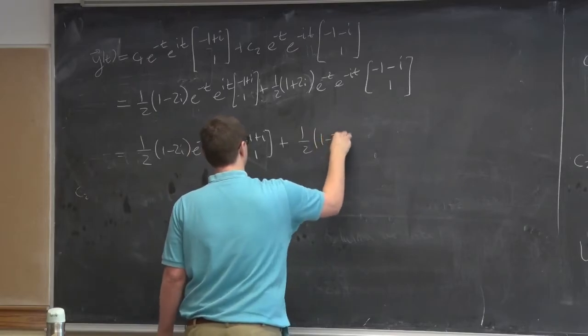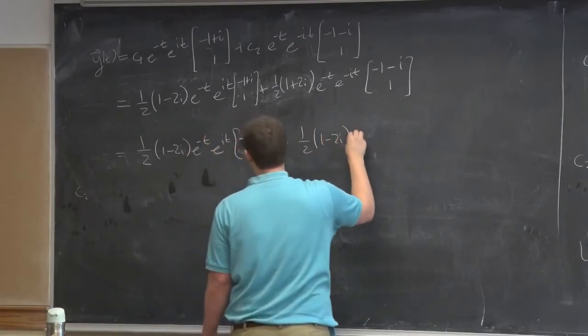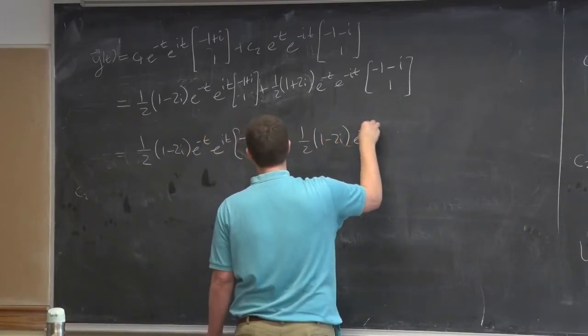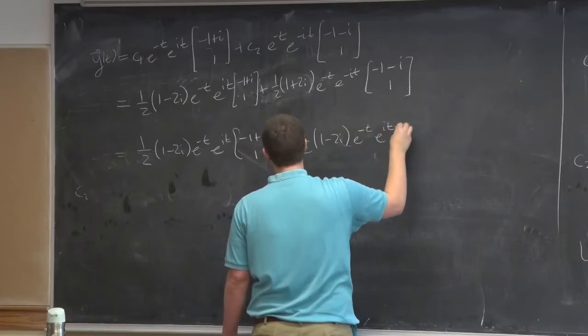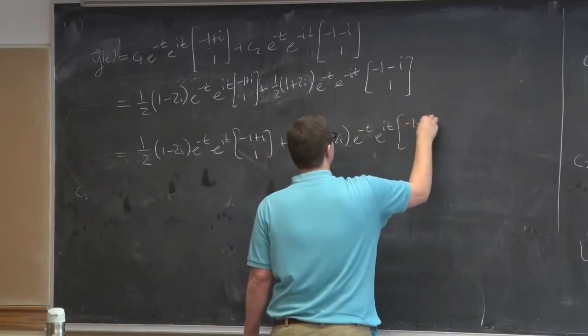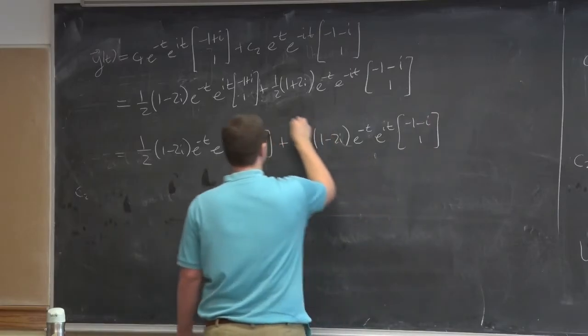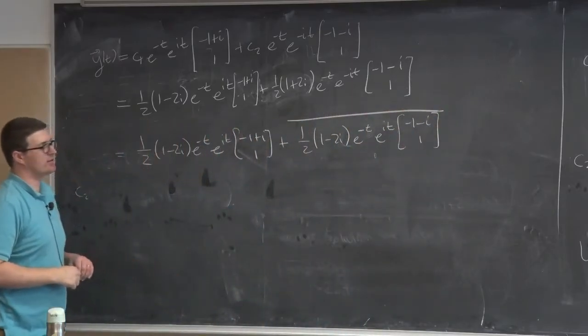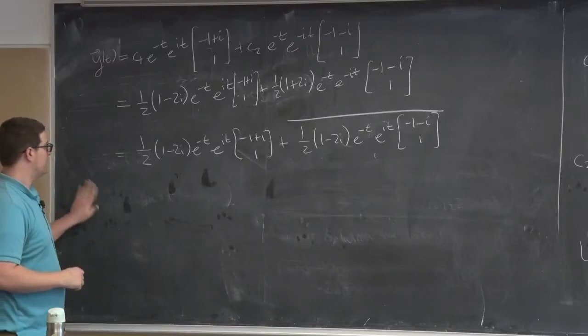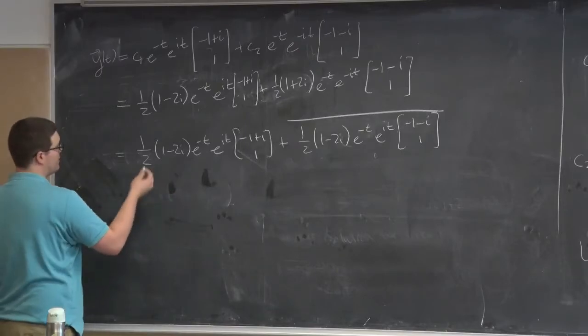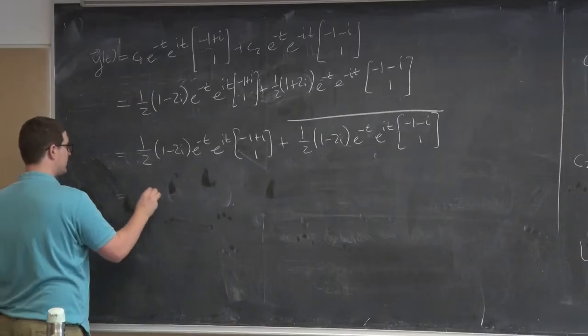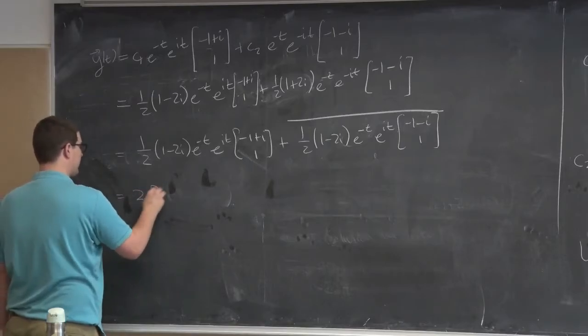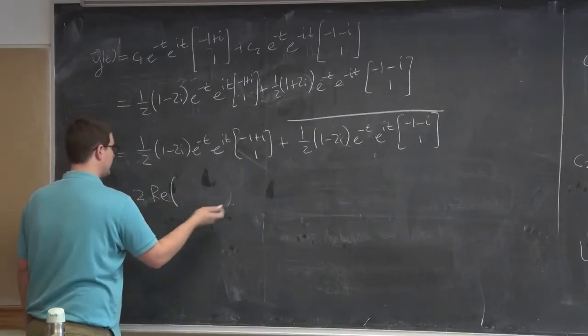Let me write the exact same thing down. So t is a real number here. This is the complex conjugate of that. So we could bring out the 1/2, but this is 2 times the real part of this whole thing.